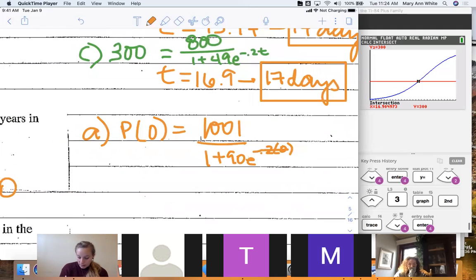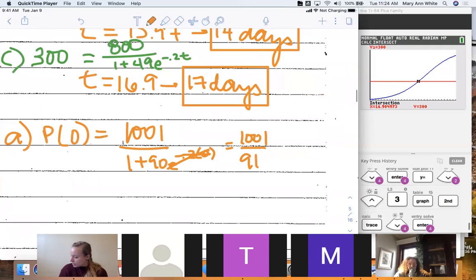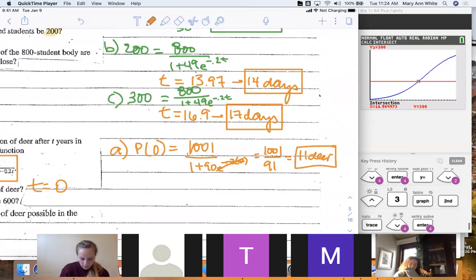That all becomes 0. e being raised to 0 is 1. So that gives me 1001 over 91. And when you divide those two, you get 11. So we started with 11 deer in my state park. Cool.